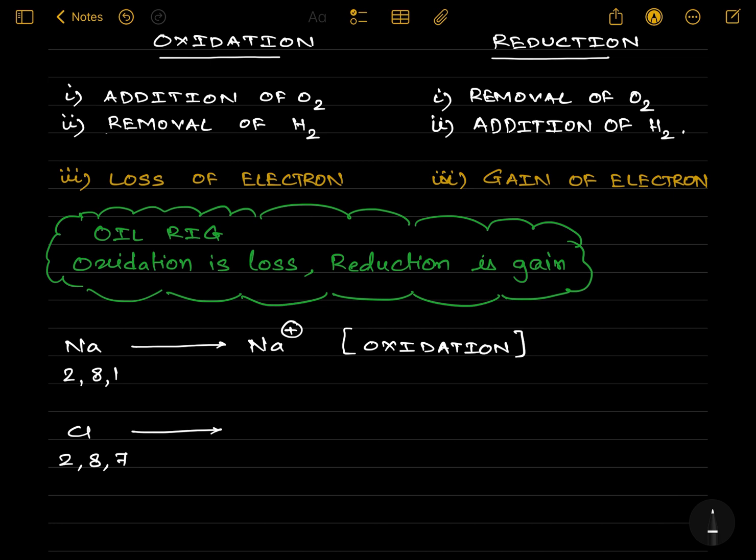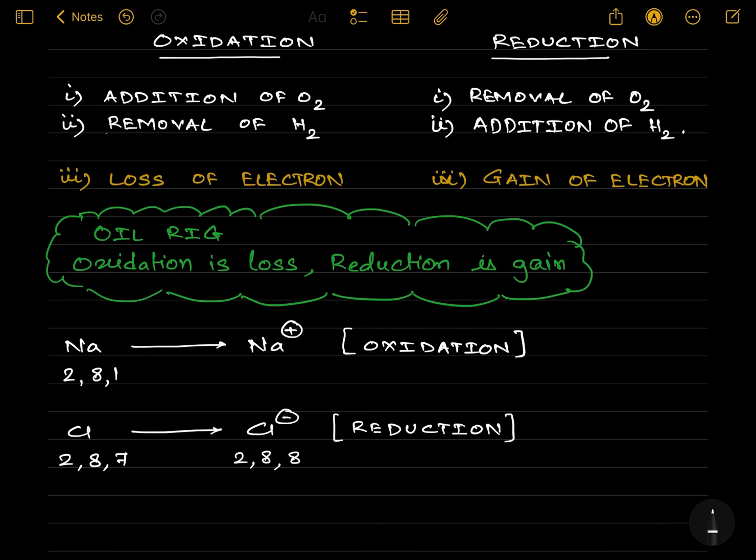Would it gain one electron? Definitely yes, and it gets converted to Cl negative, with the electronic configuration 2, 8, 8. Is it gaining an electron? Yes. And because it is gaining an electron, it is undergoing reduction.